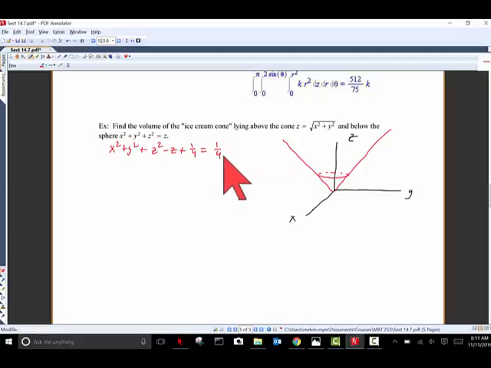So adding a fourth to both sides lets me write this as x squared plus y squared plus z minus 1/2 quantity squared equals 1/2 squared. Okay, so here's the form that tells me, yes, indeed, it is a sphere. And the center is at 0, 0, 1/2, and the radius is a half.